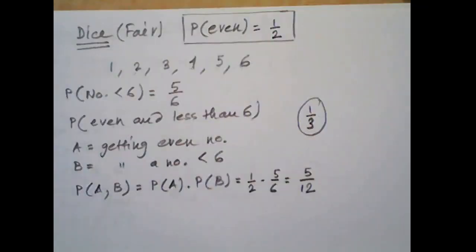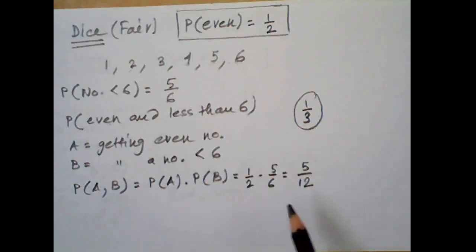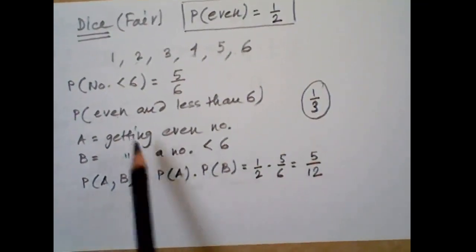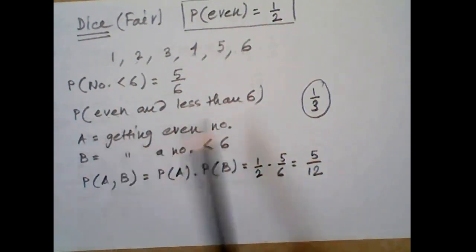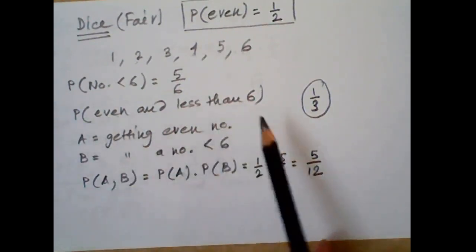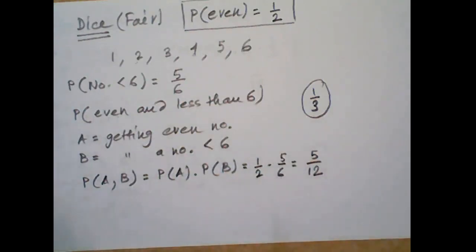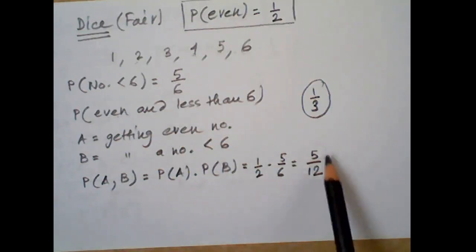But if you analyze the problem here, you will realize that getting a number even and getting a number less than 6, if you consider these two events, they are actually not independent. And that is why you are getting this weird result over here, right?